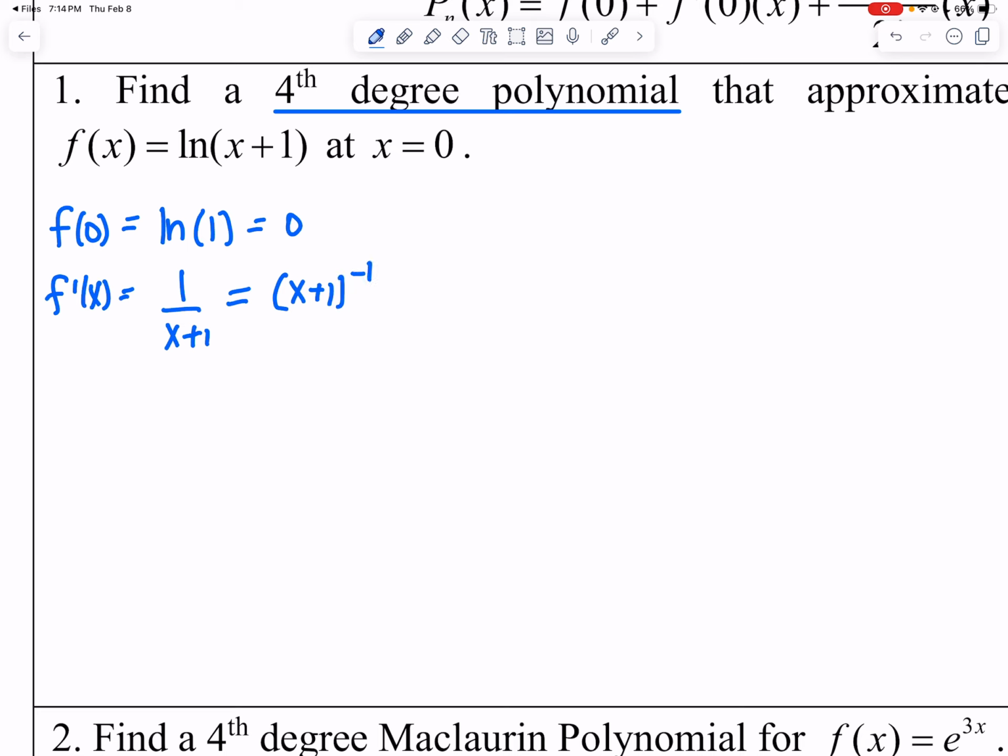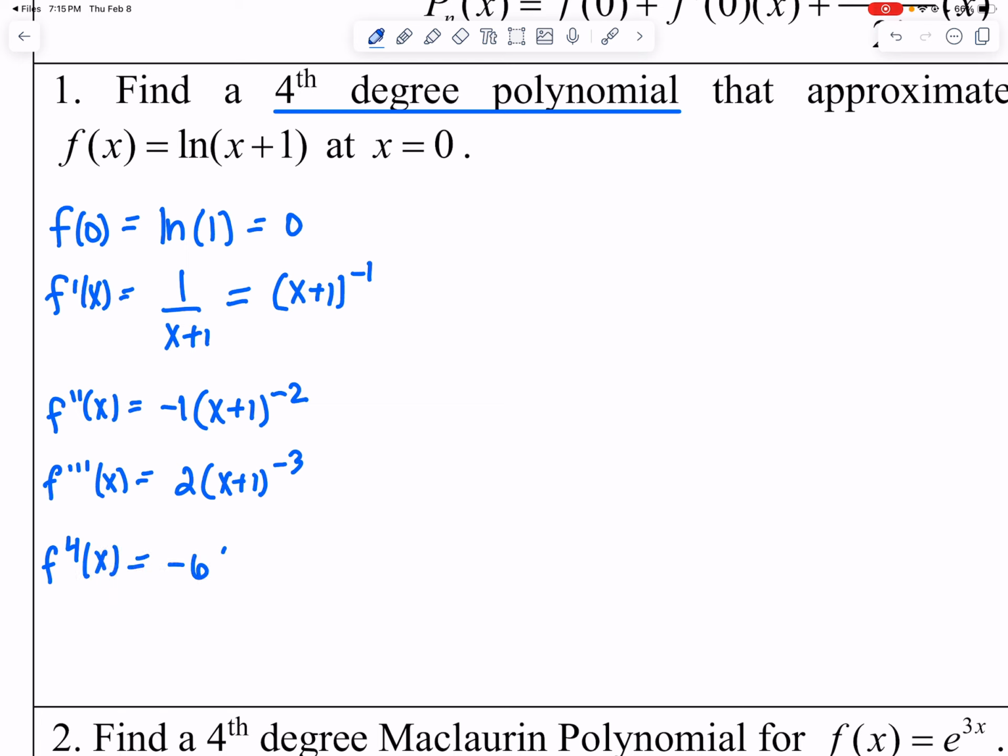I'm going to take my second derivative, and I'm going to use power, so negative 1, x plus 1 to the negative 2. I'm going to take my third derivative, and that's going to be 2, x plus 1 to the negative 3. And then if I take the 4th derivative here, I'm going to get negative 6, x plus 1 to the negative 4.